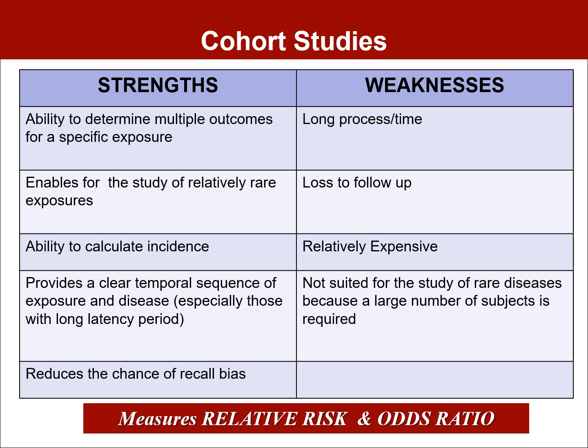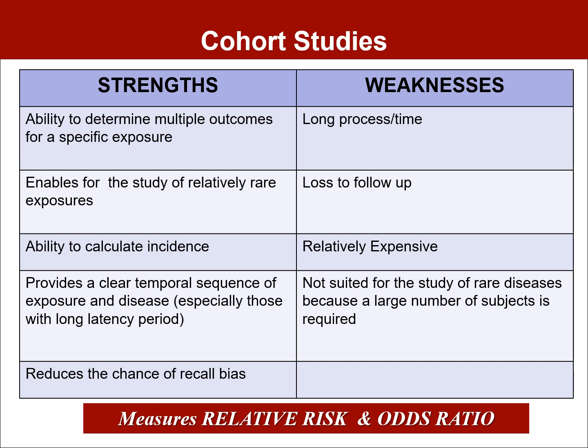One of the key strengths of cohort study is the ability to study multiple outcomes for a specific exposure. If you remember when I talked about case control studies, because you were starting with the outcome, it was possible for you to study multiple exposures. For cohort studies, because you're starting with a particular exposure, you can actually study multiple outcomes as time goes on.